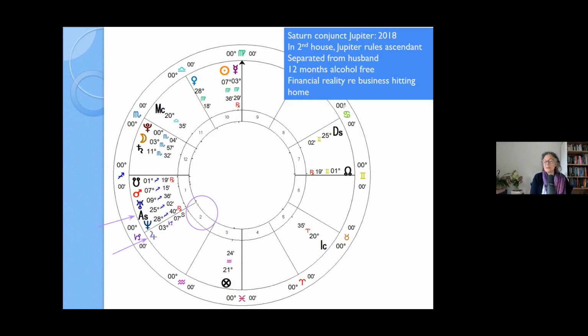Part of her specific experiences have to do with the condition of Jupiter in her specific birth chart. But hopefully this is giving you a sense of how you can make some meaningful and specific forecasts for Saturn transits based on the house rulership and the qualities of the planets that we're working with.